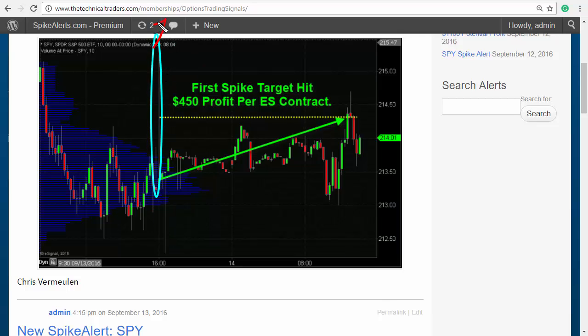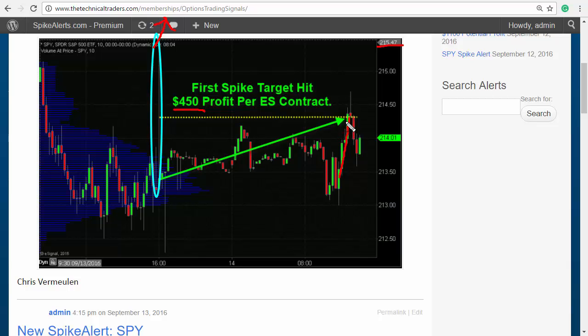It went all the way up into the 216 level, but this was our first spike target, which was hit right after the opening bell. Price jumped up, hit that level, and from the spike alert to there, it was a $450 profit on the ES.